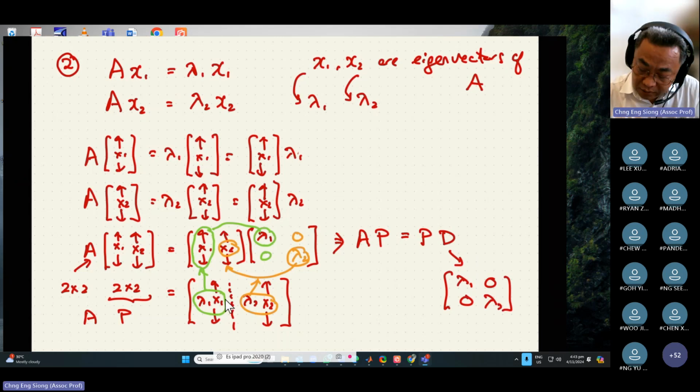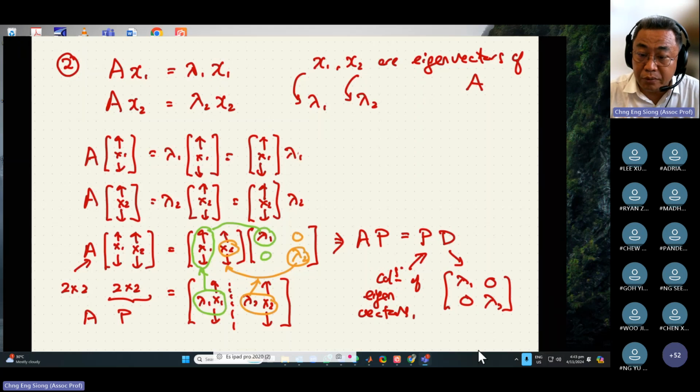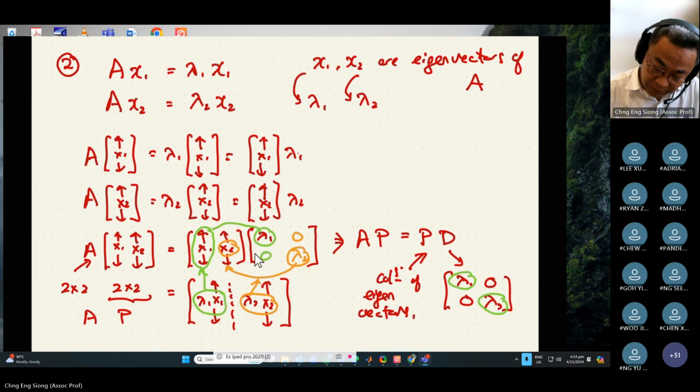P is the columns of eigenvectors. And then please remember that the columns must correspond to the corresponding eigenvalue. Because remember, x1 is associated with lambda 1, x2 is associated with lambda 2. So the columns are important. If you switch this wrongly, then all the numbers are wrong.